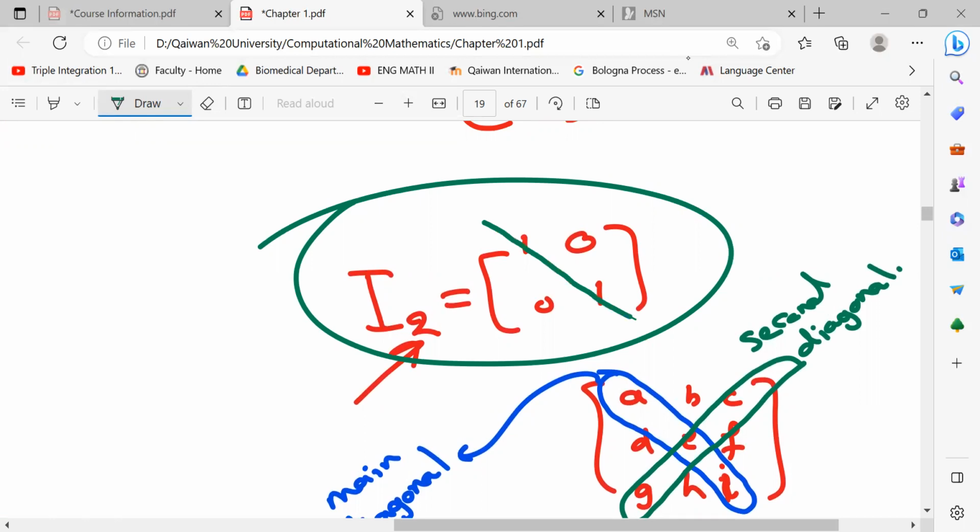First, just select the main diagonal. The upper elements of the main diagonal are 0, and the lower elements are also 0, and the elements on the main diagonal are all ones. So this matrix is called an identity matrix.